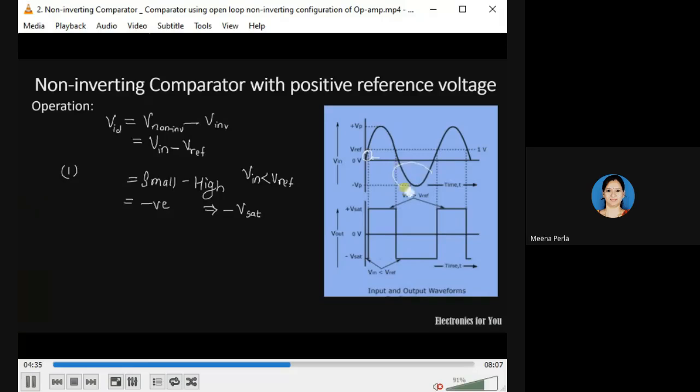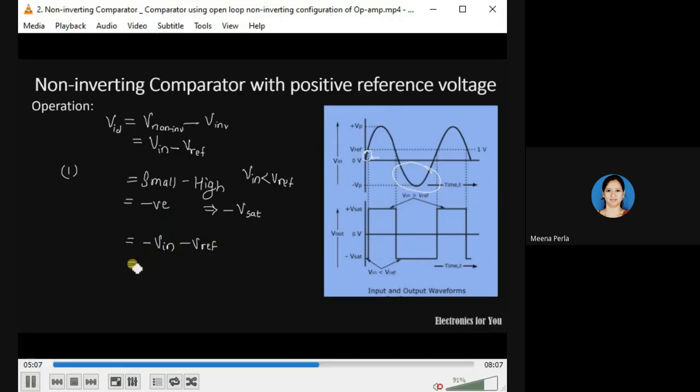Further, we can draw this diagram. We can even consider the case of V in minus V reference, where V in is negative and V reference is positive, so it is minus V in minus V reference.